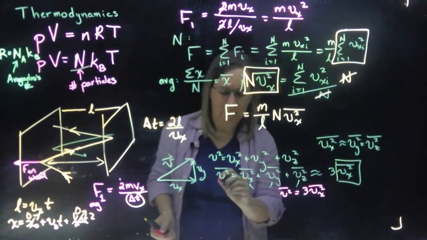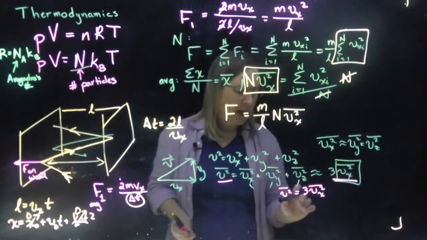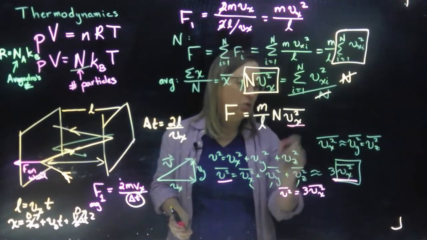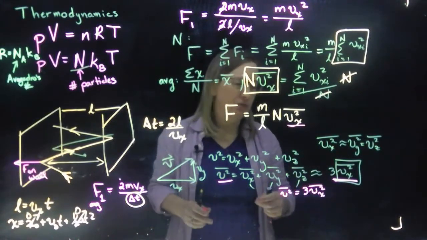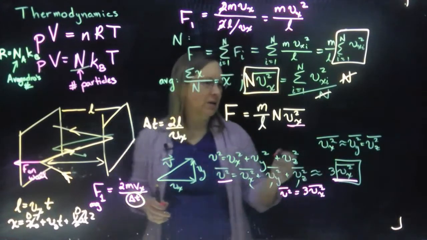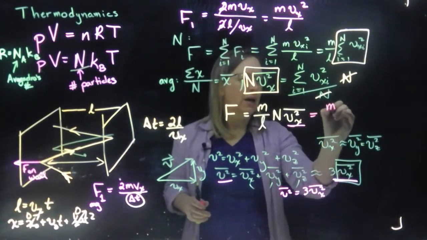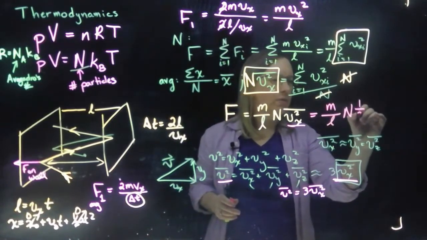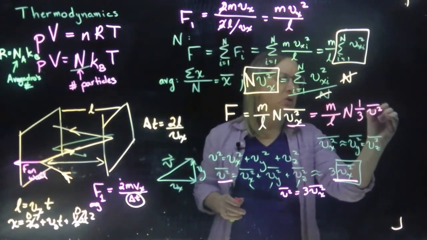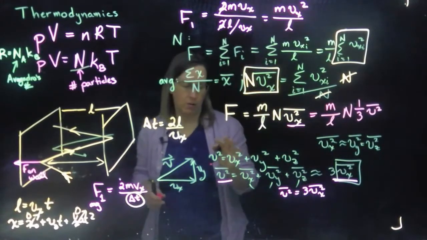That's just pulling this is equal to this. And so in place of Vx squared up here in my force, I'm going to put in a 1/3 average V squared. So my force is then equal to m over L n times 1/3 my average speed squared. Okay, I'm almost there.